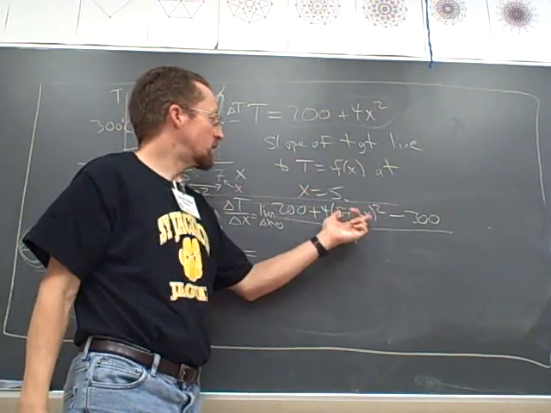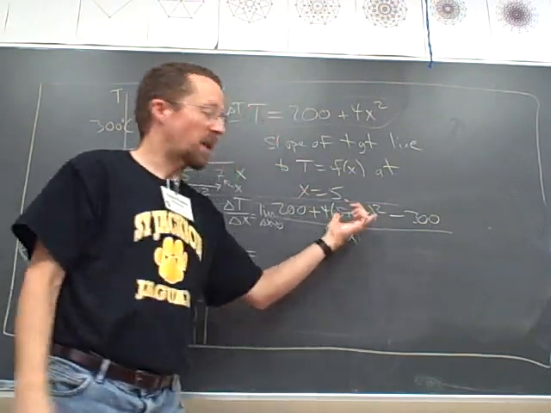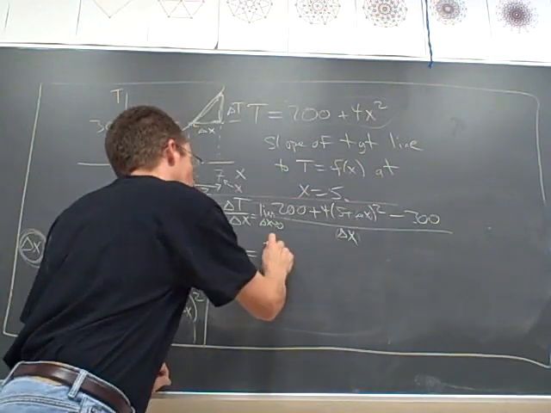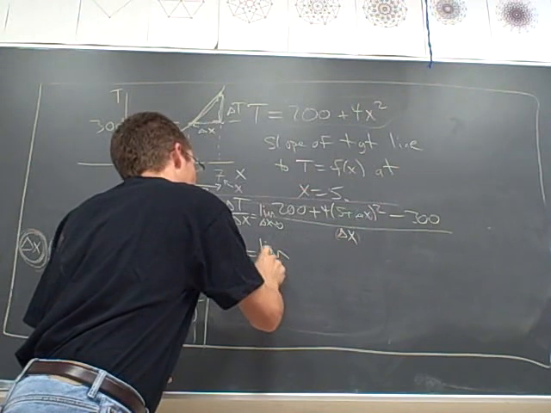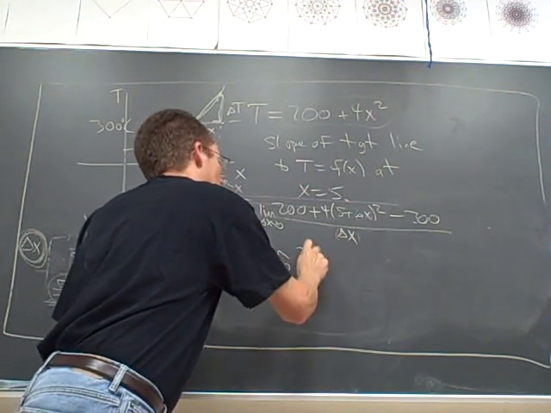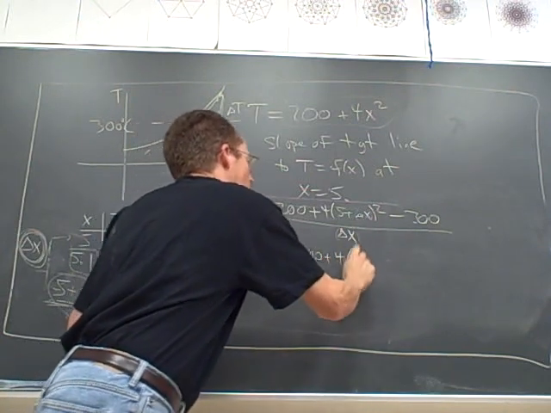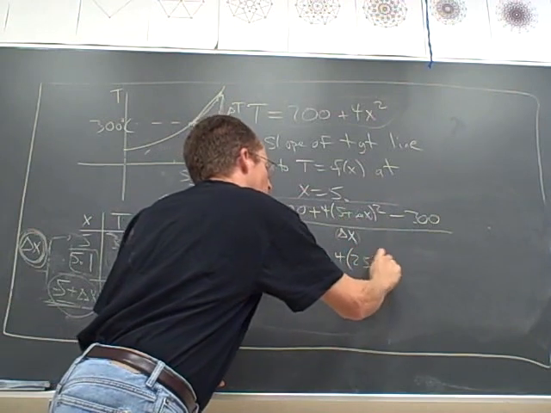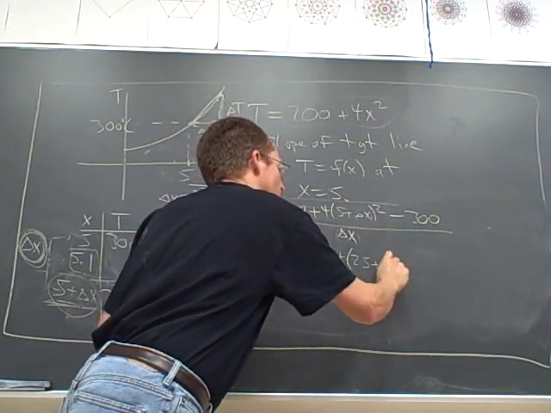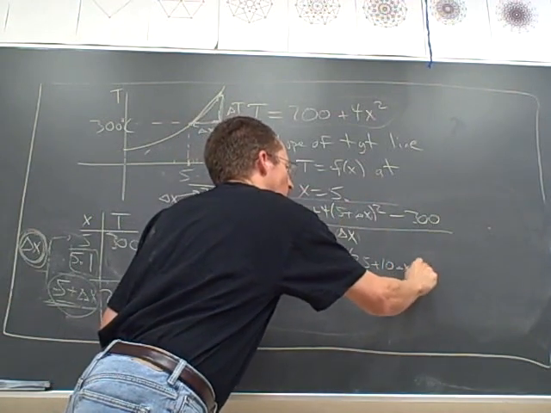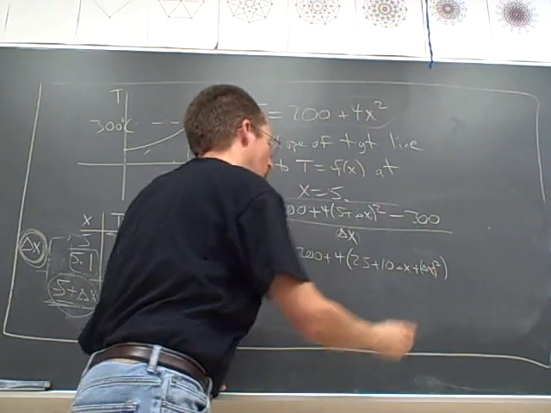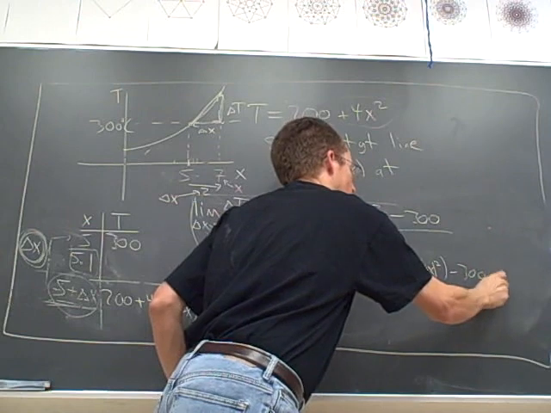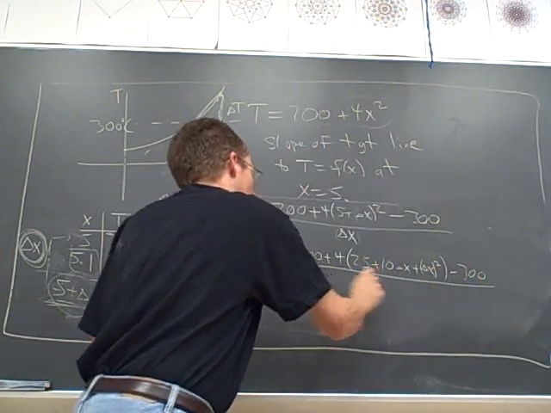So now the algebra, instead of factoring, it's expanding. You've got a binomial to expand. So we get 5 squared plus 2 times 5, which is 10 times delta x, plus delta x squared, all times 4 minus 300, all over delta x.